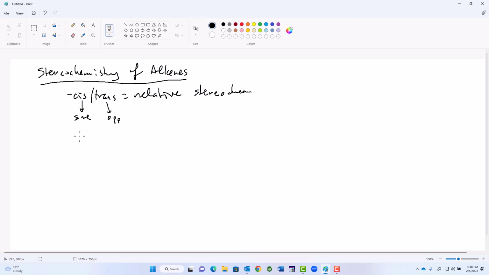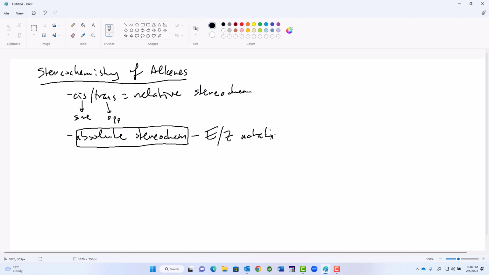So we have to have something what's known as absolute stereochemistry to be able to talk about situations where you have more than one option for cis or trans. And in alkenes, the absolute stereochemistry is called EZ notation.